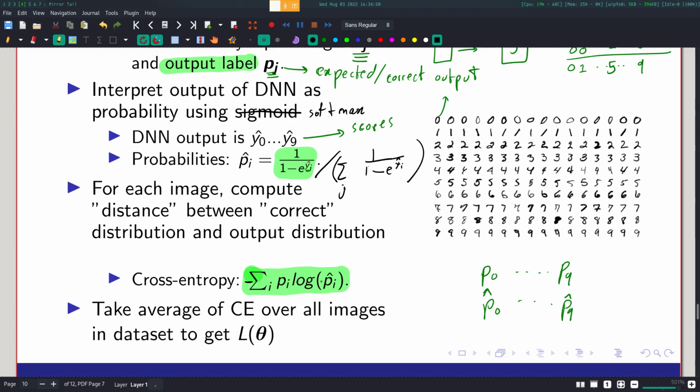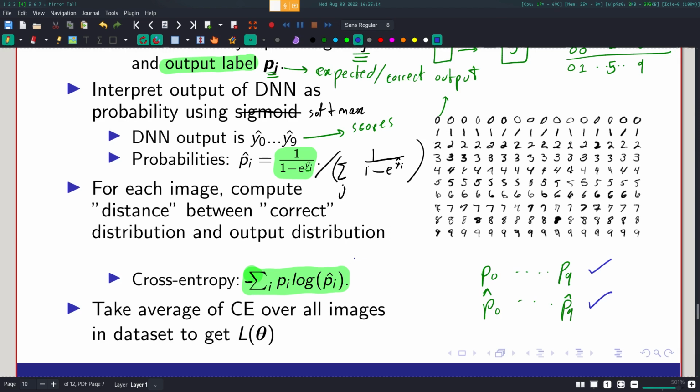So the more distance there is between this distribution and this distribution, the higher this value will be, and when they match, this value will come to its minimum.